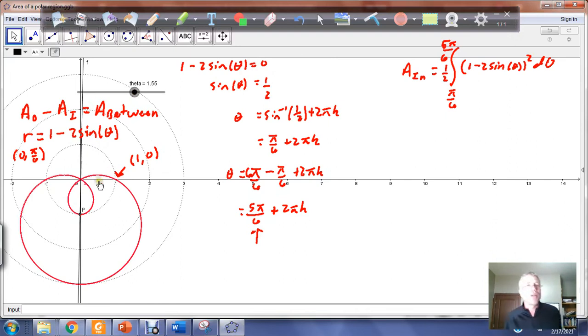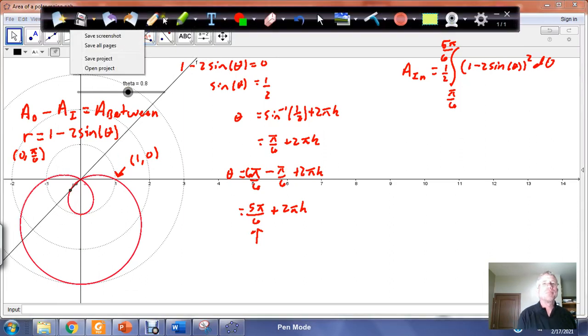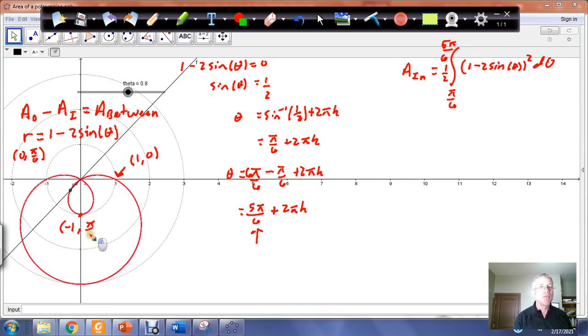In fact, if we plug pi over 2 in for theta, the sine of pi over 2 is 1. 2 times 1 is 2. 1 minus 2 is -1. So we are in this down position right here. This down position as a polar coordinate is radius -1, angle pi over 2.